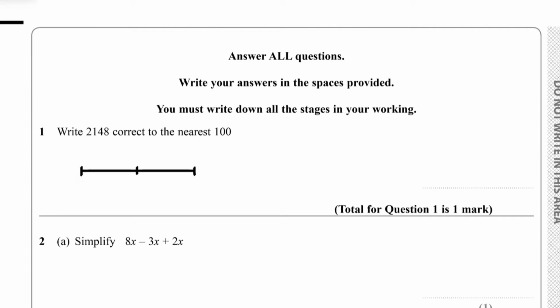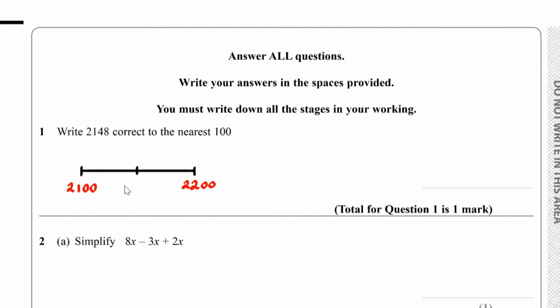Well, if we've got a number line, and if we write our number correct to the nearest 100, that means our number will be in between 2100 and 2200.